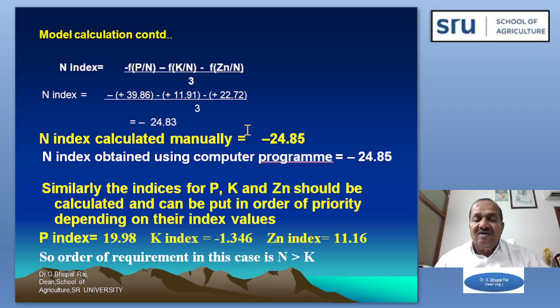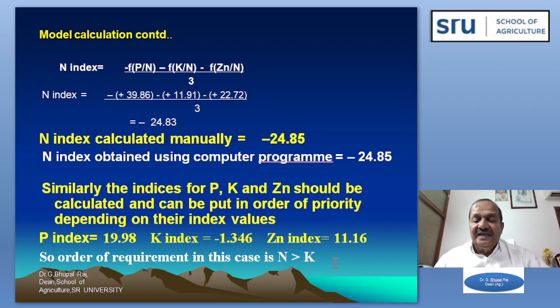Among these four nutrients, the most negative value, 24.85, is nitrogen, so nitrogen is deficient, and the other minus value is potash. So nitrogen and potash are the deficient elements, and nitrogen is more deficient than potash.